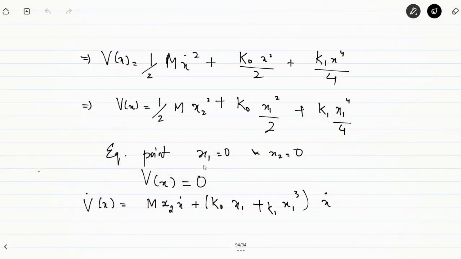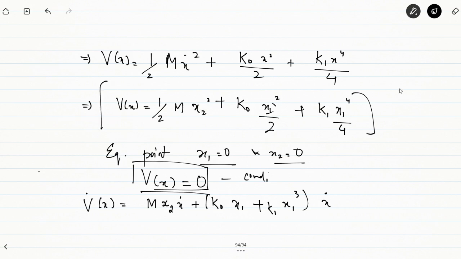So we have seen at x1 equal to 0, x2 equal to 0, V naught is equal to 0. So this condition is met. Second condition is Vx has to be greater than 0 for all x not equal to 0. So whatever the values of x1 or x2, whether they are positive or negative, Vx will always be positive. So Vx will also be greater than 0 for all x not equal to 0.